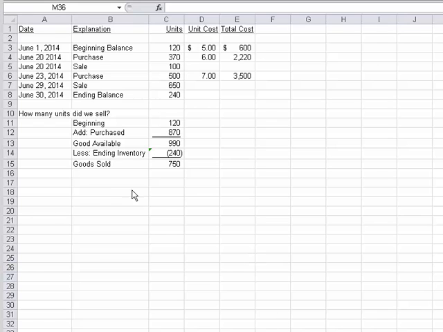Now sometimes you may want to actually change this formula and work it backwards, where you come up with goods available and say less what was sold equals ending inventory. And you could approach it this way too.